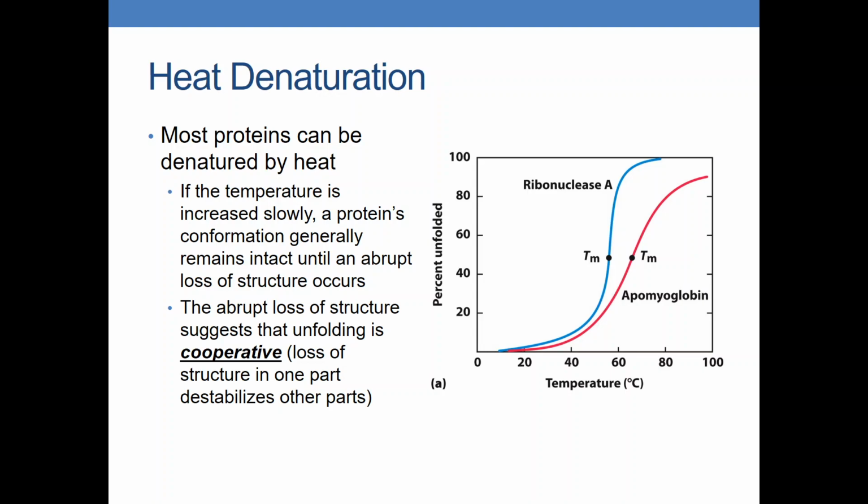So those thermophilic enzymes tend to be much more stable at higher temperatures relative to your mesophilic enzymes because of additional non-covalent interactions that stabilize the structure of the enzyme or protein.